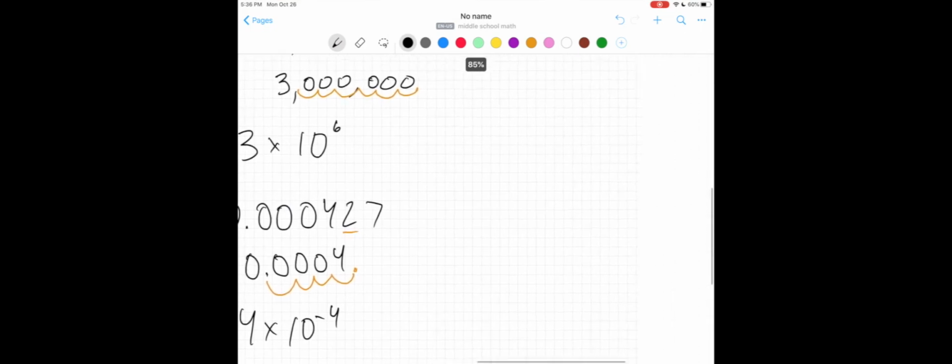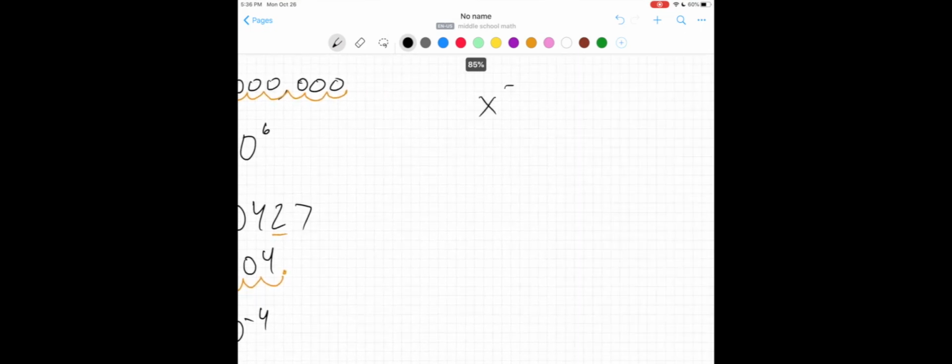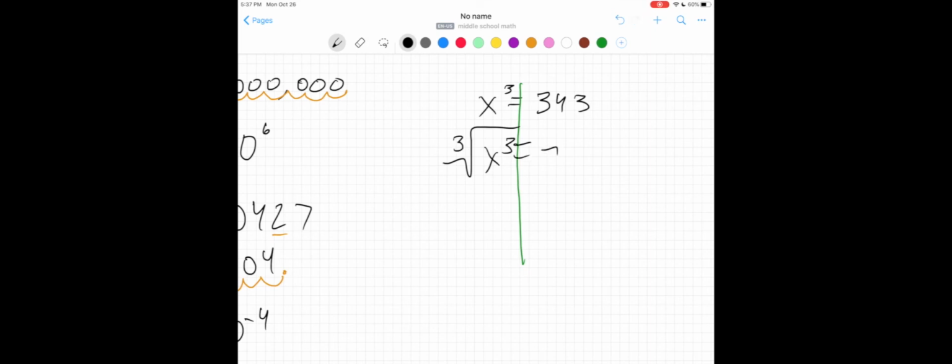Next one. Solve x cubed equals 343. So this one, we are going to go to our piece of paper. So we have x cubed equals 343. We're going to draw our line. Now we're going to take the cube root of both sides. So the cube root of x cubed equals the cube root of 343.